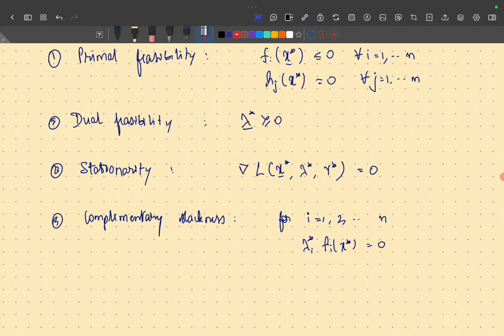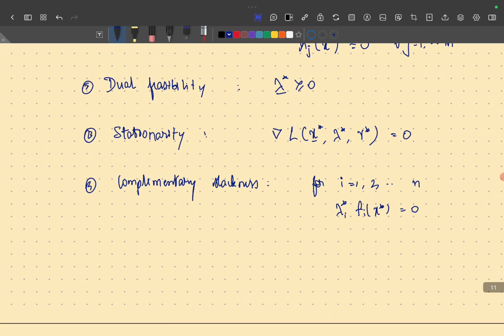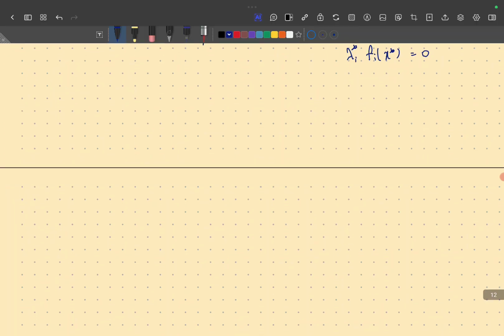So just as a very toy example, let's take the problem that we had earlier, one of the first problems that we considered of, let's say, minimizing x squared such that x lies in the interval from 1 to 2.